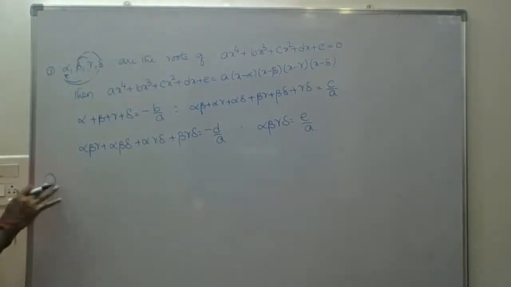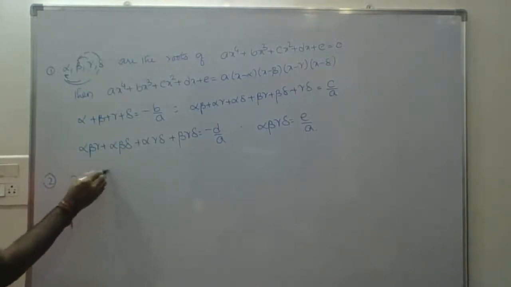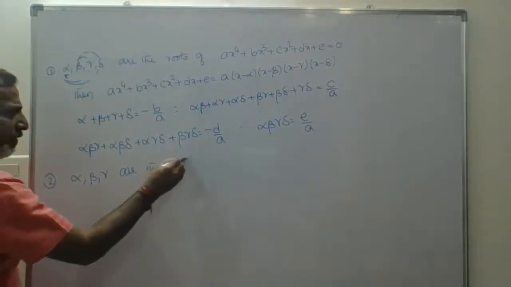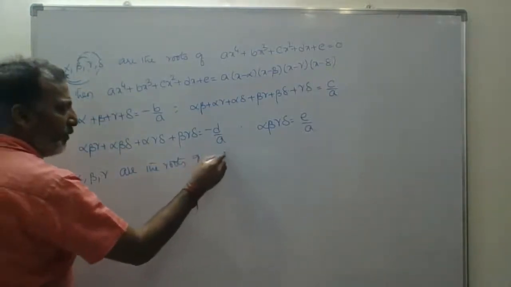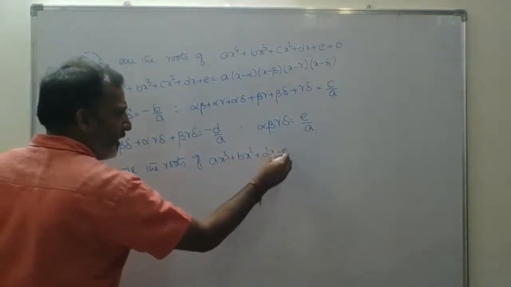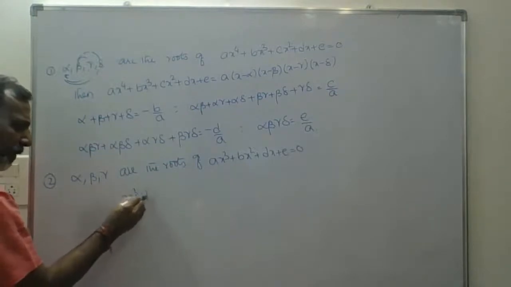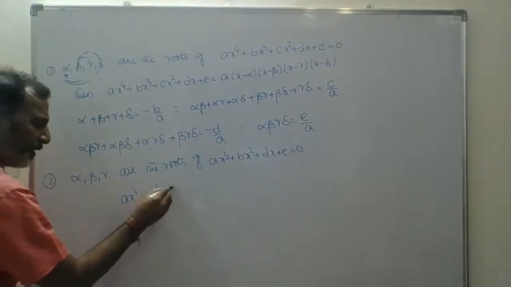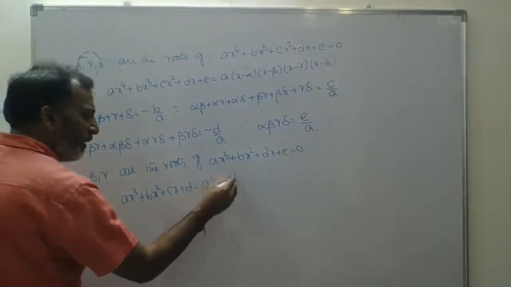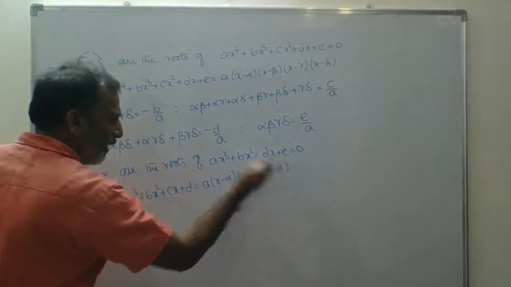Now the second point. If alpha, beta, gamma are the roots of ax cube plus bx square plus cx plus d is equal to 0, then we can write ax cube plus bx square plus cx plus d is equal to a into x minus alpha into x minus beta into x minus gamma.